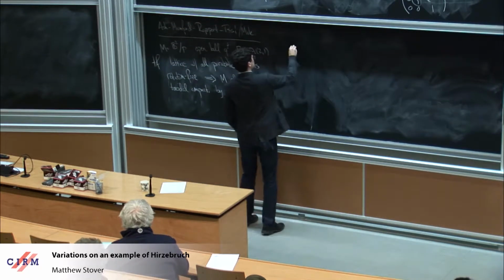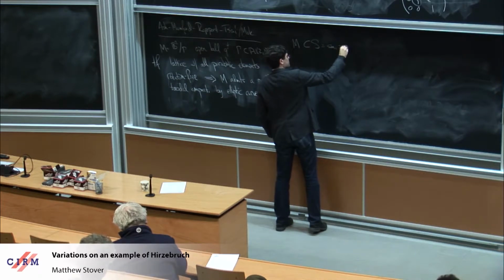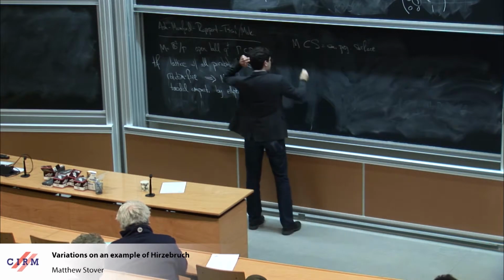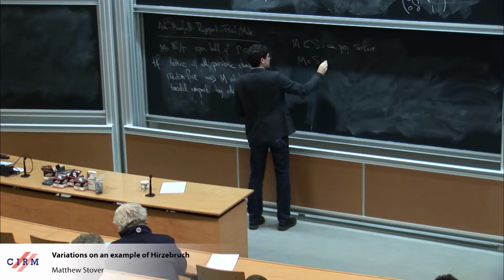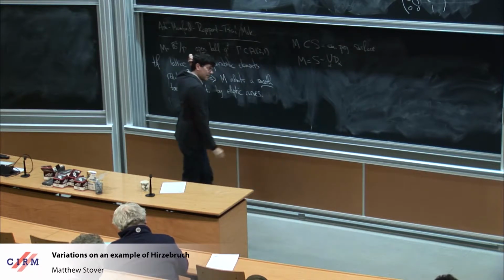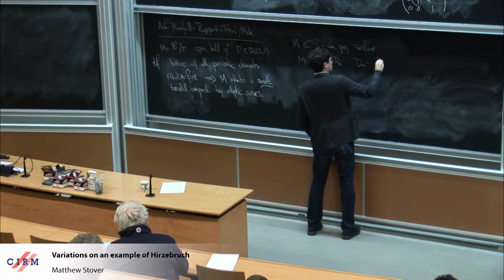And so what you see is this M lives inside of S, which is a smooth projective surface. And M is S minus some union, I'll write suggestively like this, where the D alphas are elliptic curves.